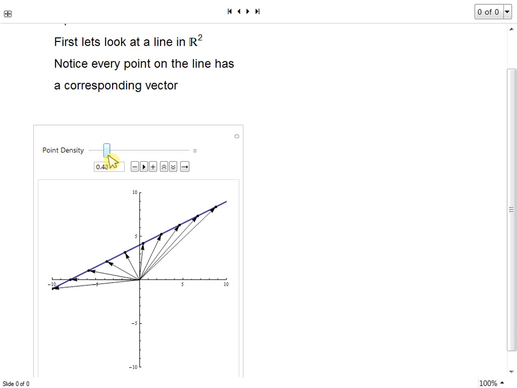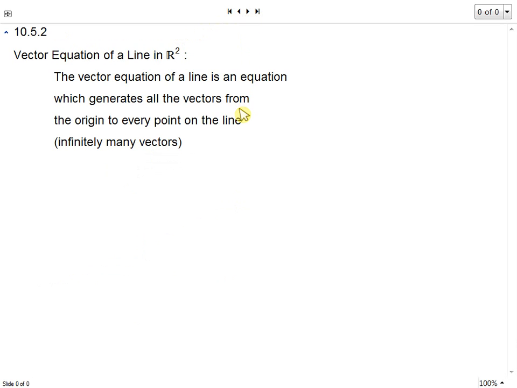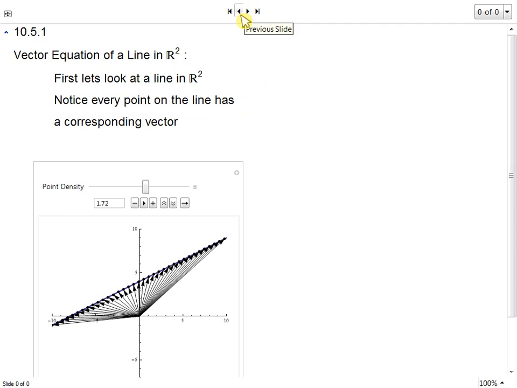Every one of them. I can bring more and more in here. So every point on that line has a vector that goes to it from the origin. The vector equation of a line is an equation which will generate all of those vectors, not the standard scalar equation that we learned in college algebra. It is an equation that creates all those black vectors, the infinitely many of them.